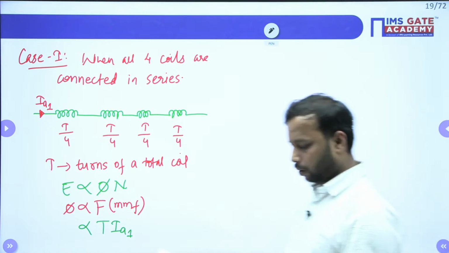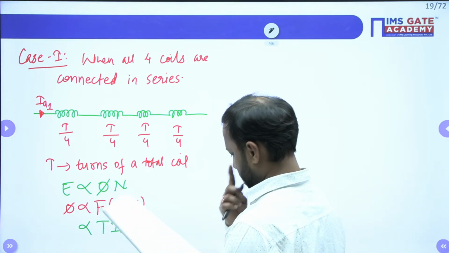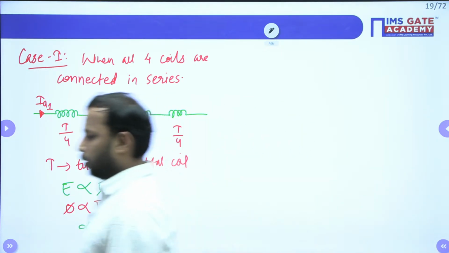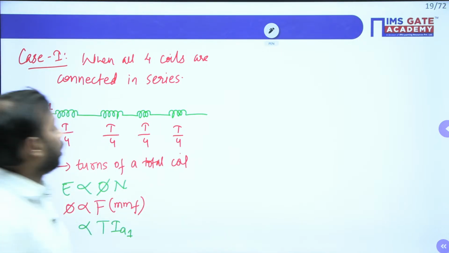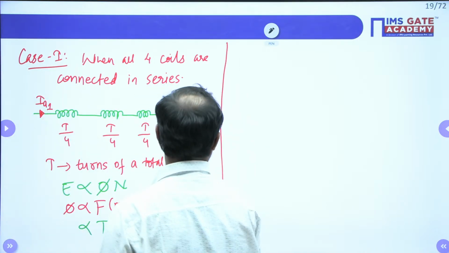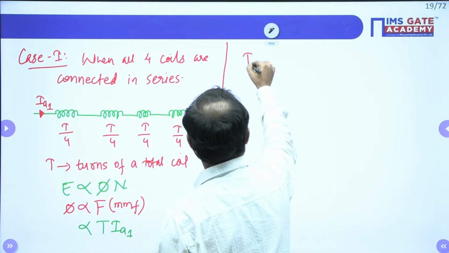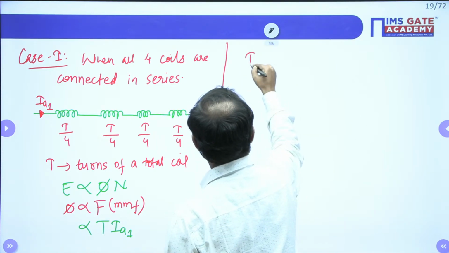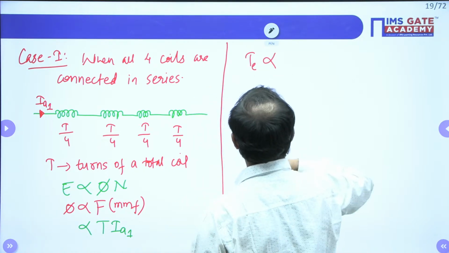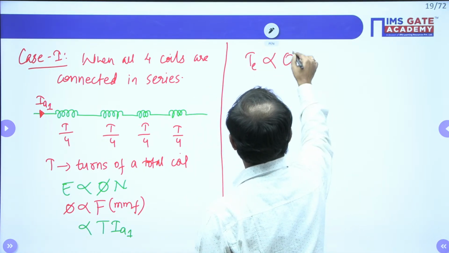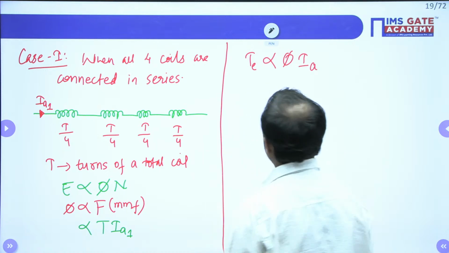T into IA1. Done? Clear? Now what next? For the current, we again require one expression: electromagnetic torque is directly proportional to phi into Ia.